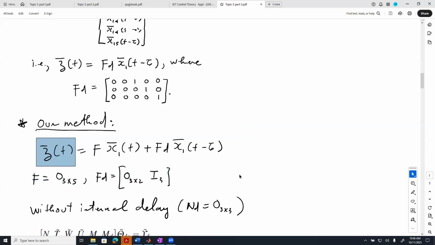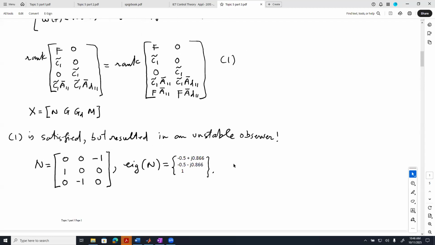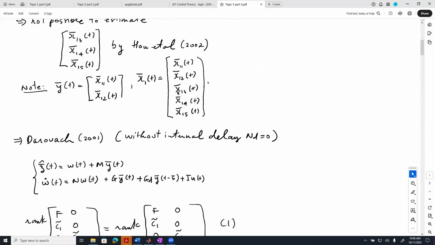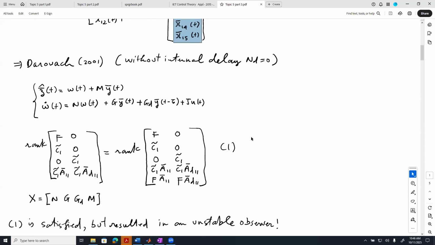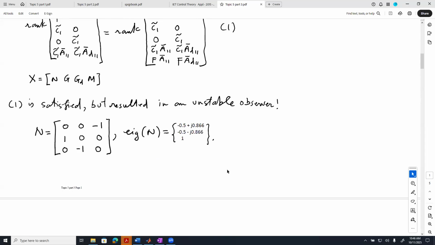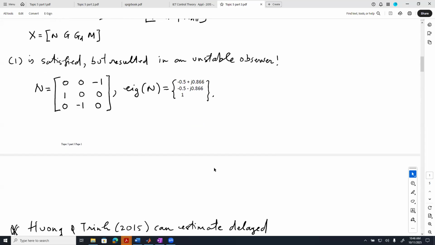Now that is not through the method of estimating the instantaneous unmeasurable variables first, which is not possible if we employ other methods like those without internal delay. Then we have an unstable observer.